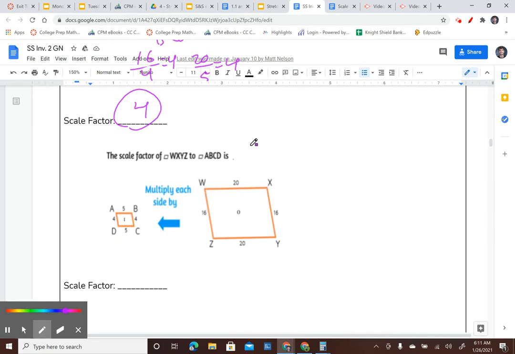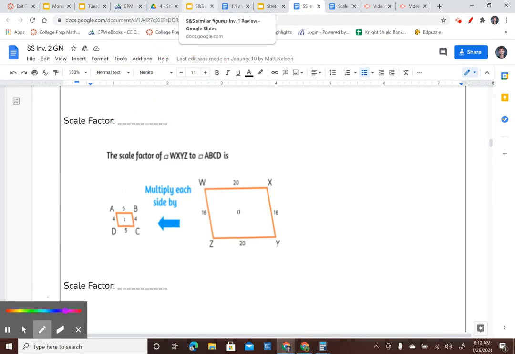All right, here we're starting on the right side. So it's the same problem, except this time we're starting with the figure on the right. This is our start, our original, and this is our image. So now we're going to do instead 4 divided by 20 and 16 underneath. Whoop, made a mistake here.